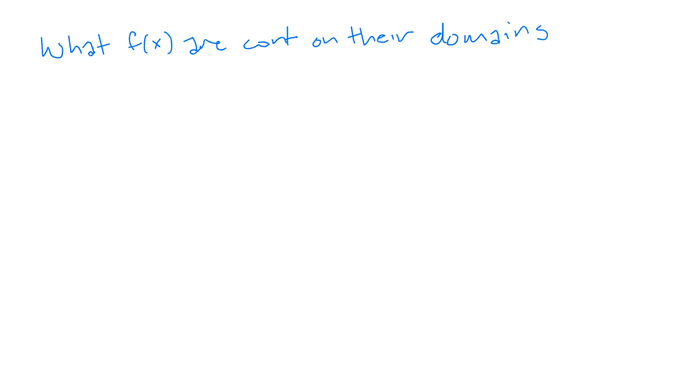The ones that are going to be continuous on all their domains are polynomials. And remember that for pretty much any polynomial where your exponent is 0 or greater, the domain exists everywhere.